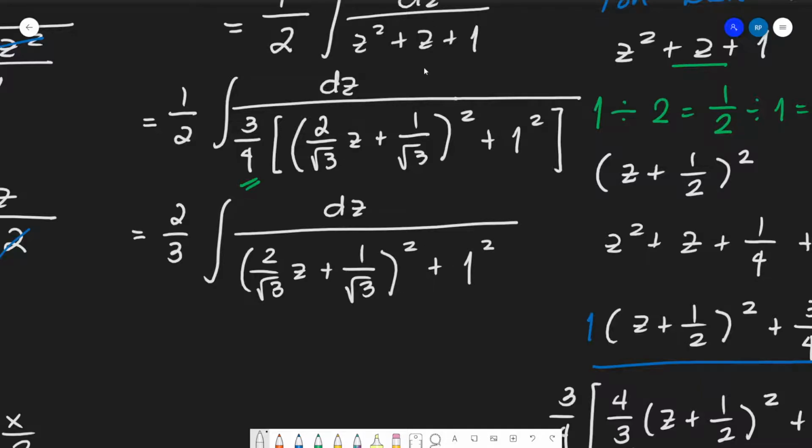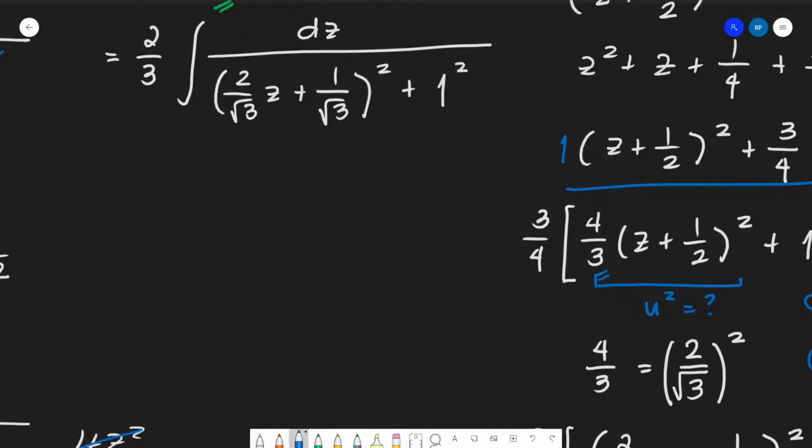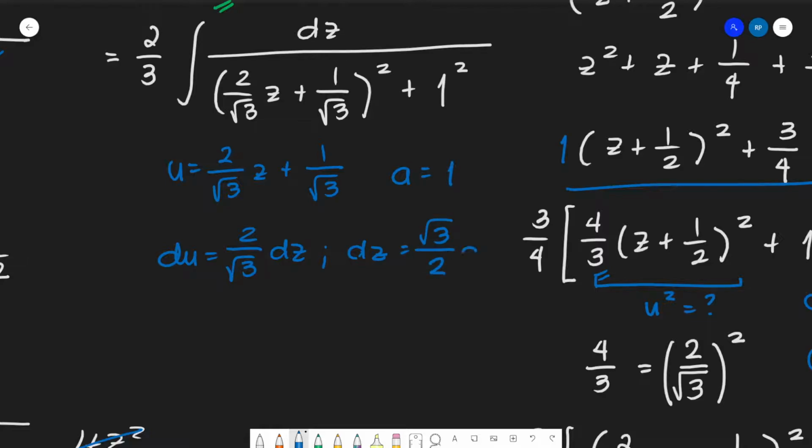Okay? So, ano yung u natin dito? So, u is equal to 2 over square root of 3z plus 1 over square root of 3. Diba? A is equal to 1, obviously. Du is equal to what? Du is equal to 2 over square root of 3 dz. Dz lang ang meron tayo, so therefore dz is equal to square root of 3 over 2 du. So, ito yung ngayon yung ipapalit natin.